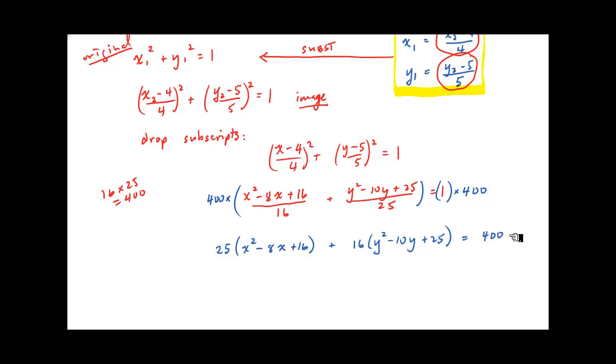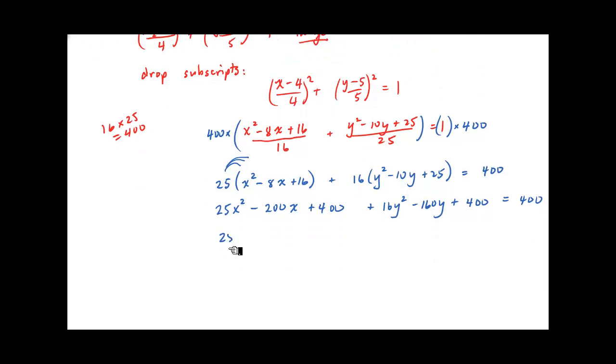Okay, so we got rid of our denominators, which were kind of nasty. Multiplying into the brackets now with distributive property will give us 25x squared minus 200x plus 400. And then in the next bracket, we'll get 16y squared minus 160y plus another 400 equals 400. Let's move everything onto the left-hand side.